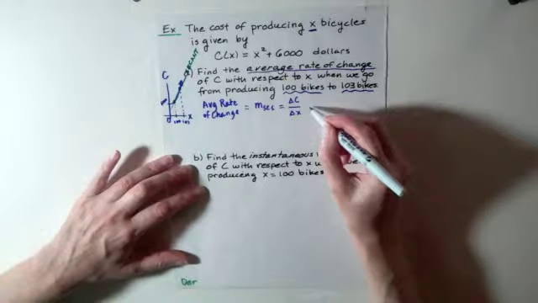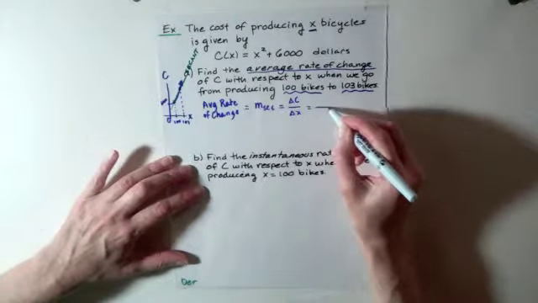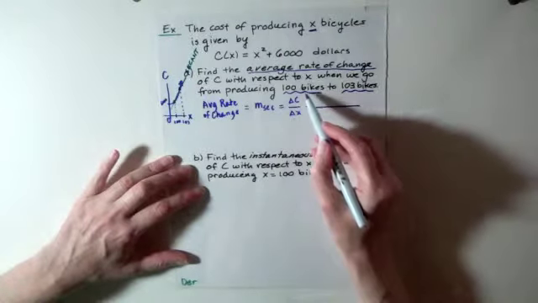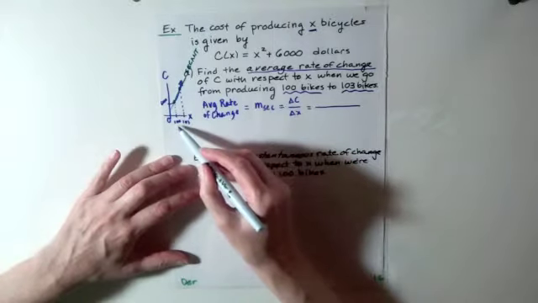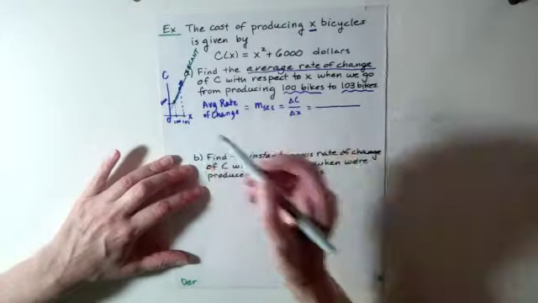Well, how do I find that? Remember that the number of bikes is going from 100 to 103. That's my x value going from an x value of 100 to x equals 103.